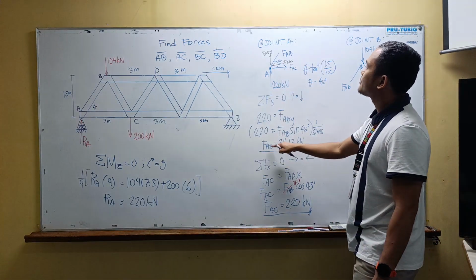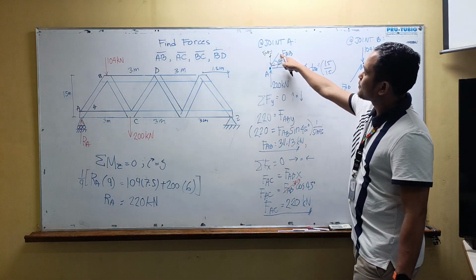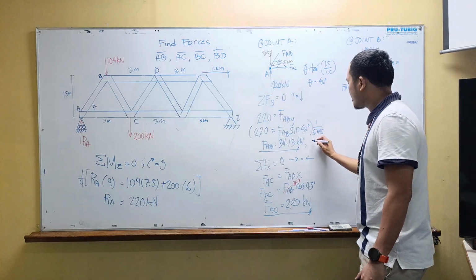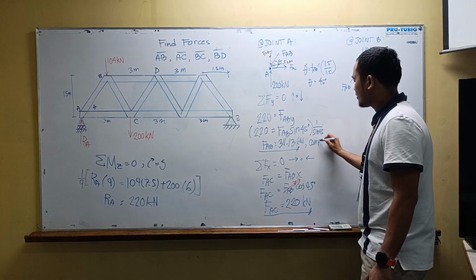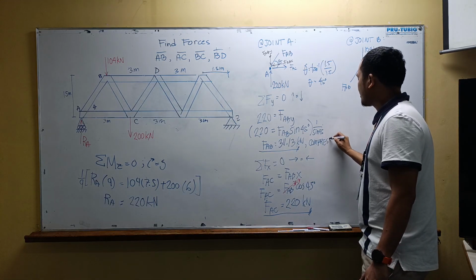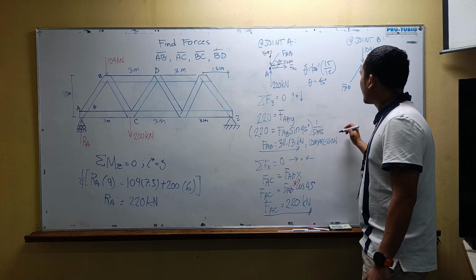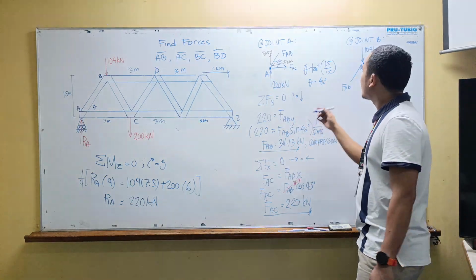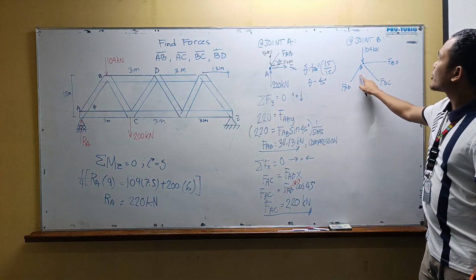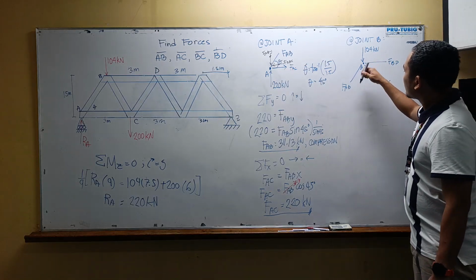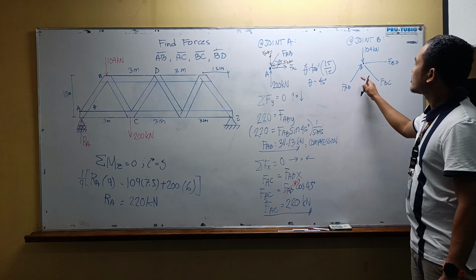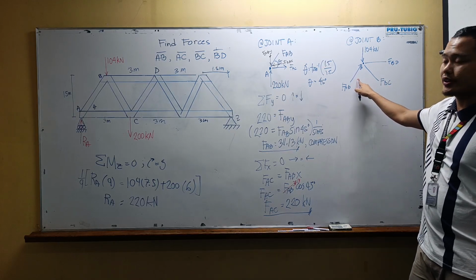So FAB, in this case, since the arrow is pointing towards the joint, that is compression. Okay? And that means since FAB is compression, the arrow for joint B for FAB should also be pointing to point B to represent compression.